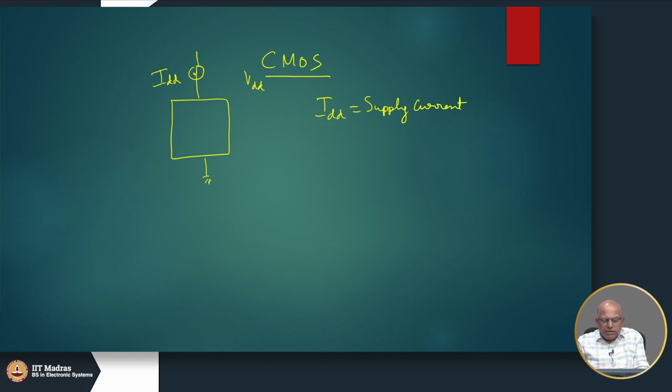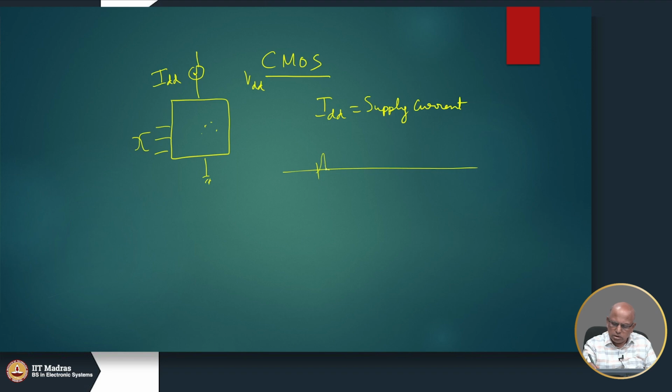So when activity is happening, some nodes are switching, right? If we cause some inputs to go from 0 to 1, some activity will happen, some nodes will switch, and as a result the current will go up.